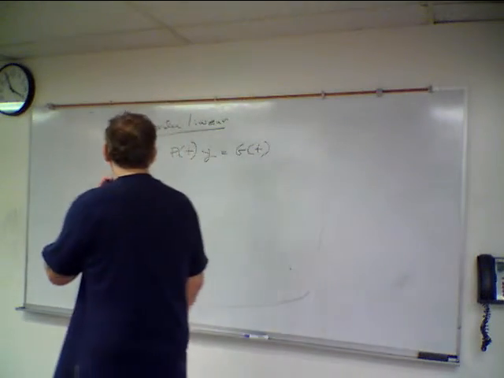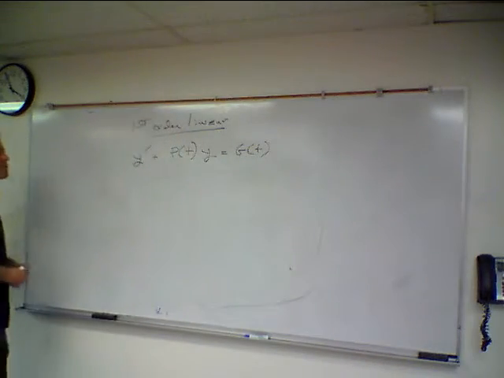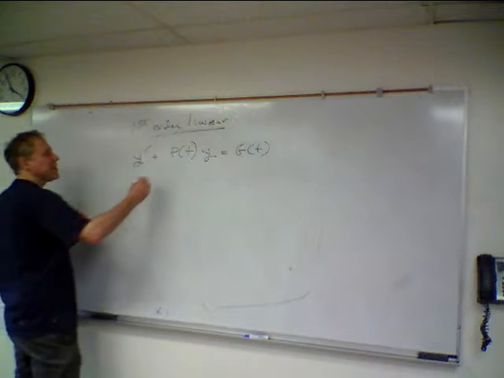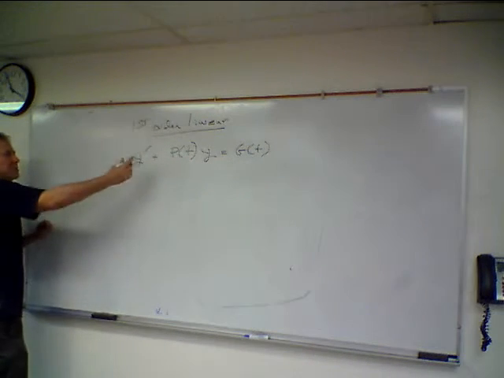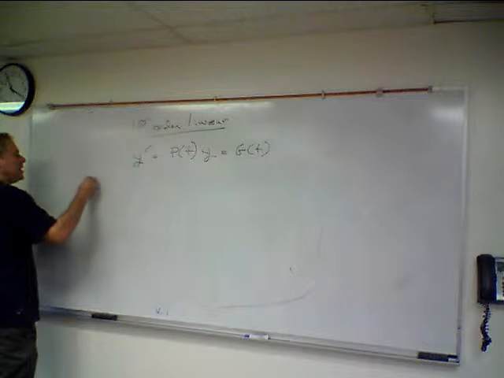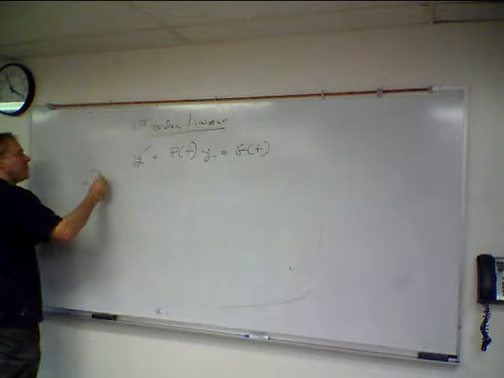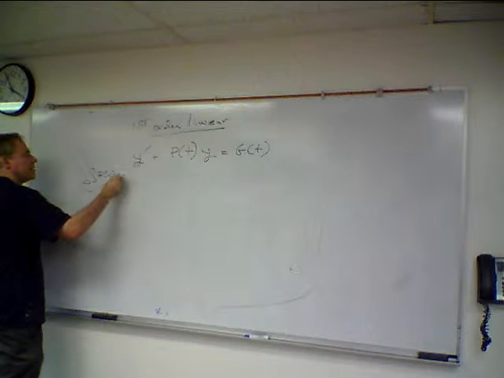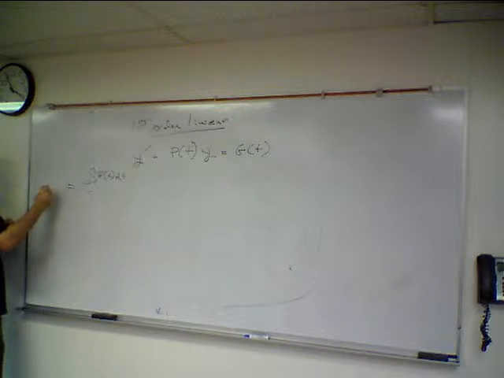Okay, so there's a trick, and the trick is to multiply both sides of this equation by e raised to the antiderivative of p of t dt. This is called the integrating factor.